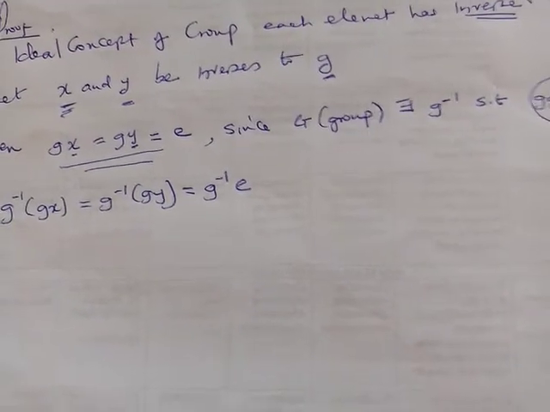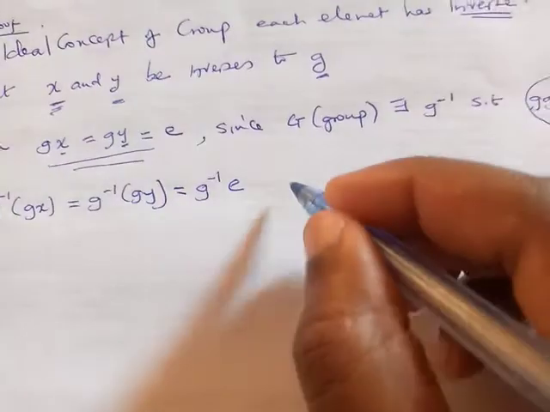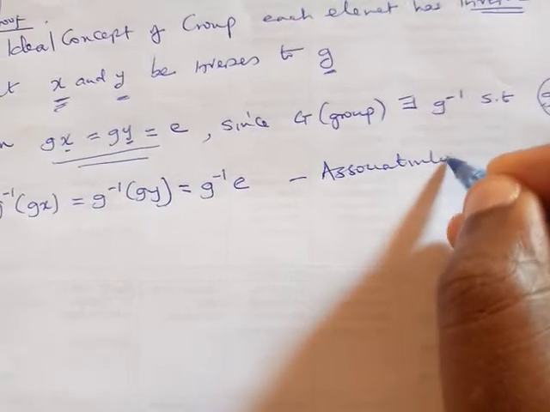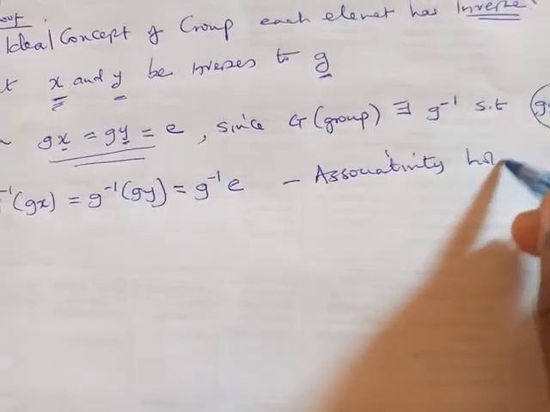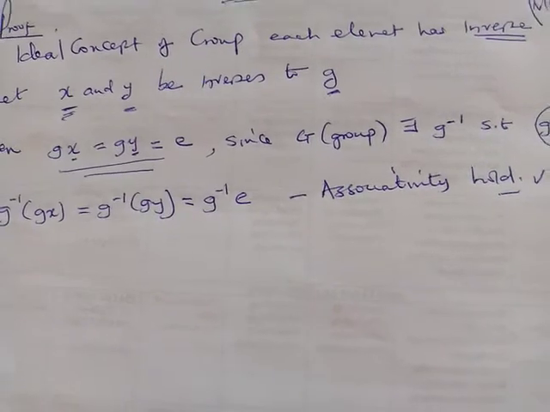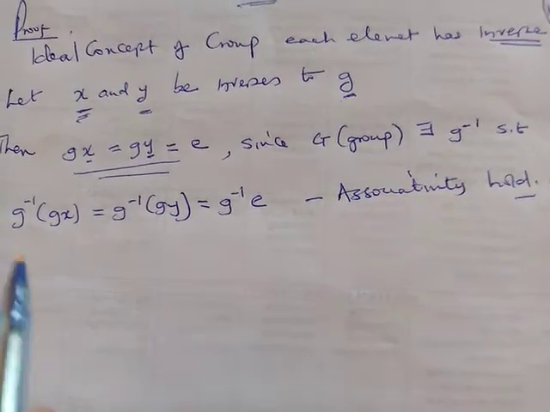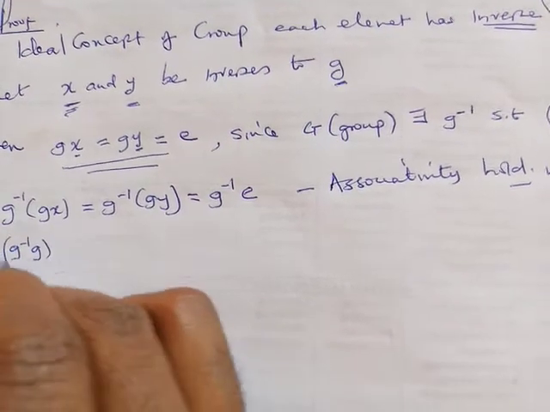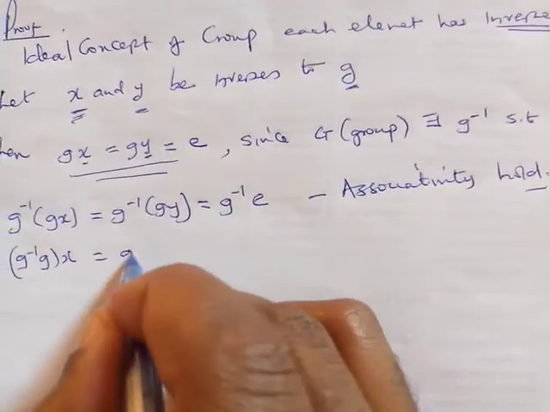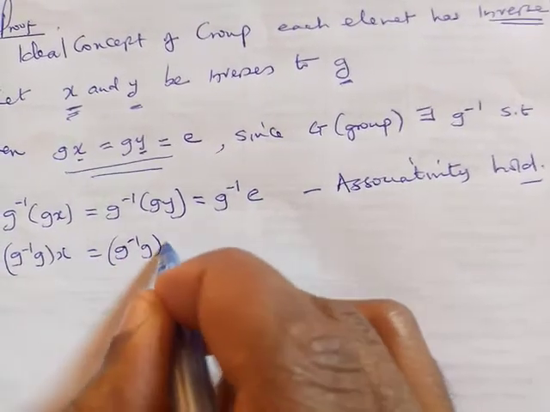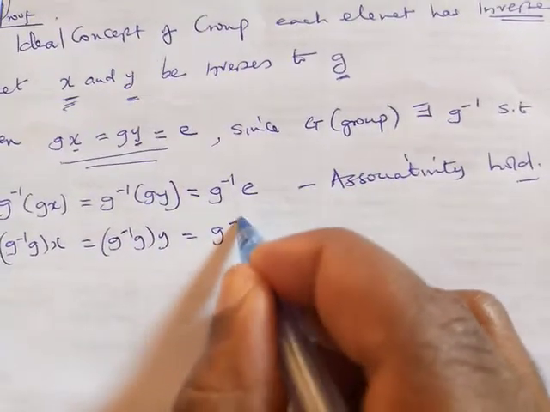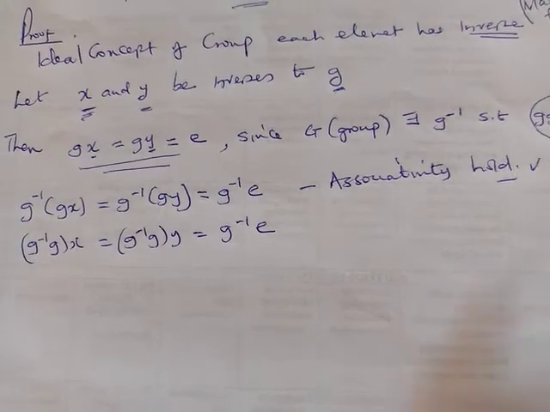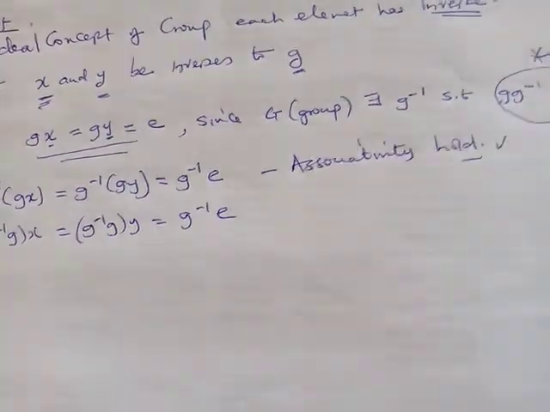In any group, the associativity rule or proposition holds. That means we can play with that associativity law here. We try to group that and that, and we try again to group this and this, and then we have this and that.